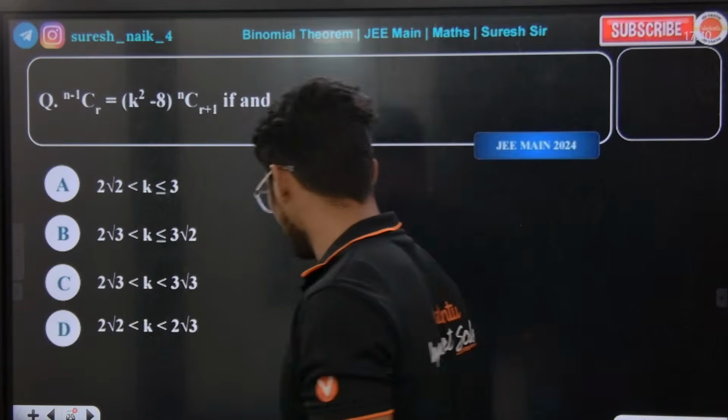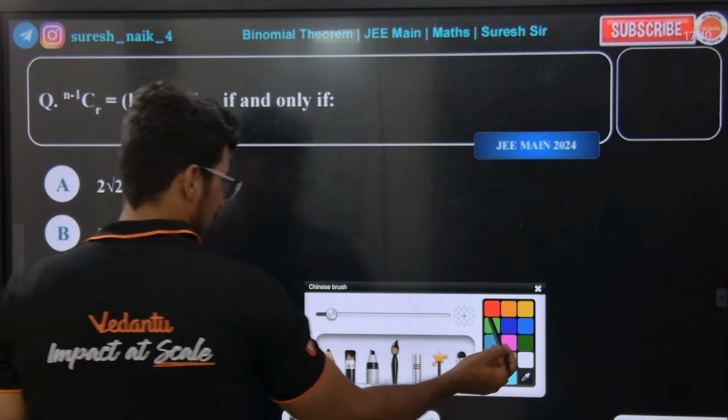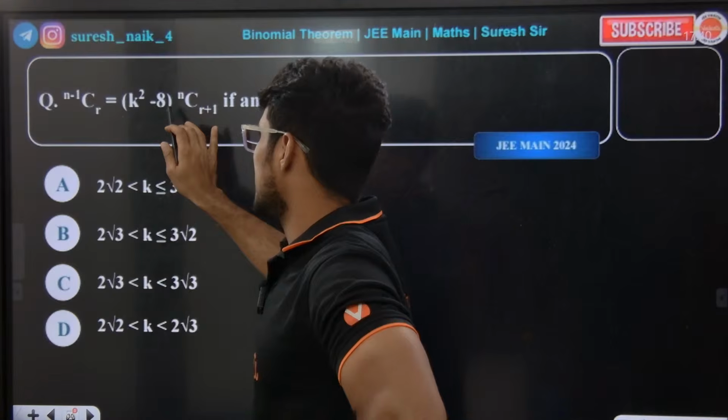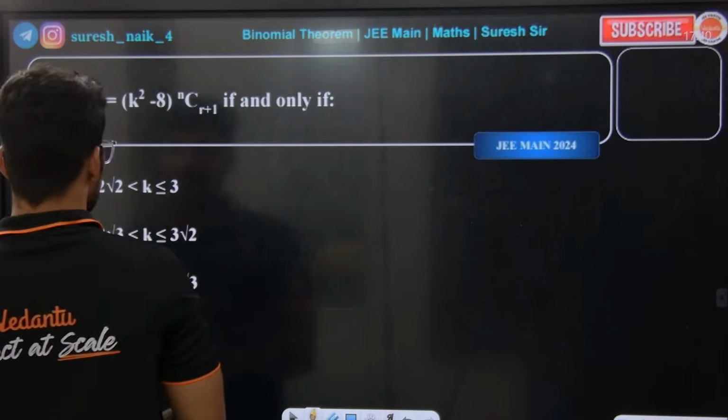Okay. Look at the first option: NCR is equal to K square minus 8 into NC(R plus 1).